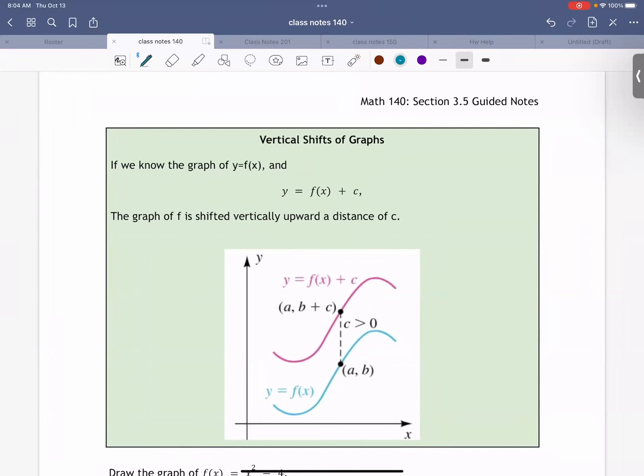So whenever I add something to a graph, I'm shifting it upward. What happens, do you think, if I subtract something? Shifts downward, right? So it doesn't have to shift up. If I'm going to make a little note here, if c is negative, then that means you shift down, right?